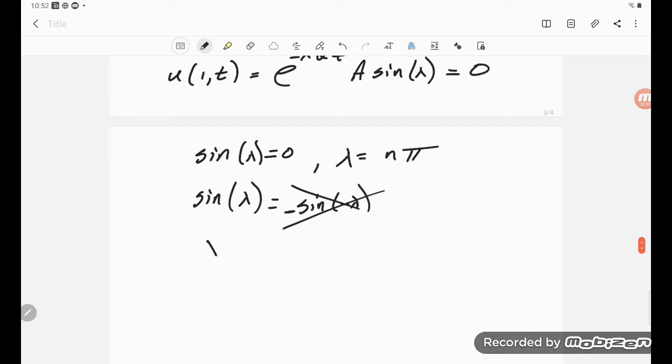And so we're going to have lambda could be any n times pi, where n is equal to 1, 2, 3. Again, 0 would make no sense because you just get identically 0.